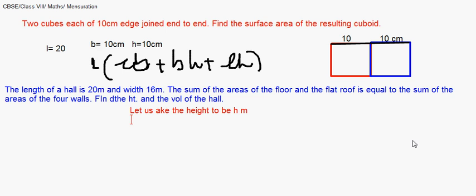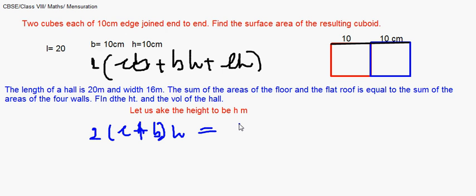So the area of the four walls is 2 into length plus breadth into height, or the perimeter multiplied by the height. Sorry, I didn't write the formula there, it was in the previous page, I think.